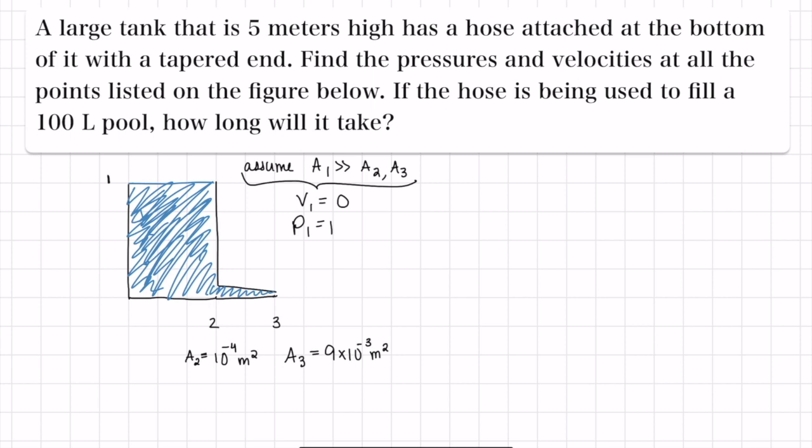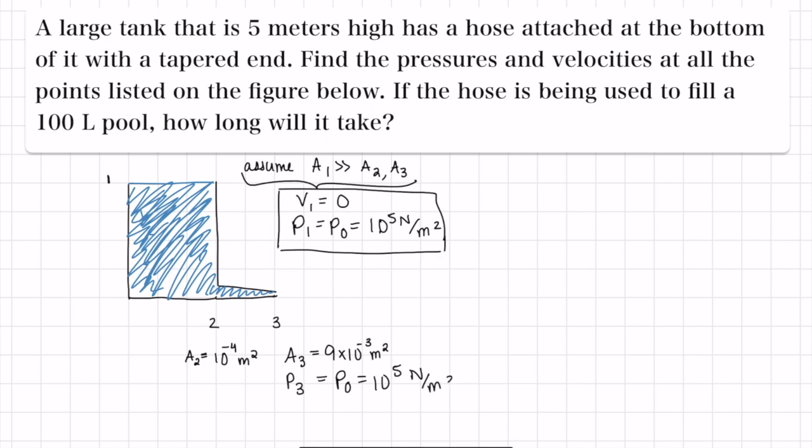So P1 would be atmospheric pressure, which, I'll round it, will just be 1 times 10 to the 5 Newtons per meter squared. You can box those, and then I'll also put P3 is equal to P0, which again is just our atmospheric pressure of 10 to the 5 Newtons per meter squared.